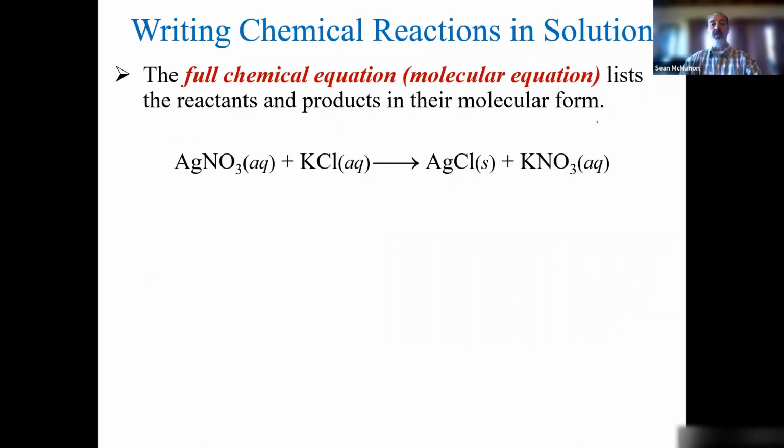So why do we need to know this? Well, remember, with reactions that are aqueous, like this reaction, we have silver nitrate and potassium chloride yielding silver chloride and potassium nitrate. What's more important for our topic right now is that this is aqueous. That means that these are dissolved in water.